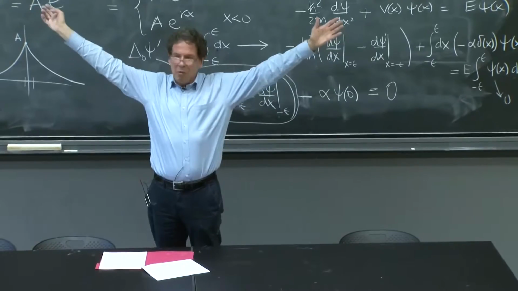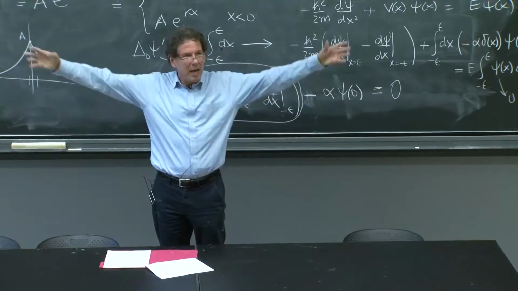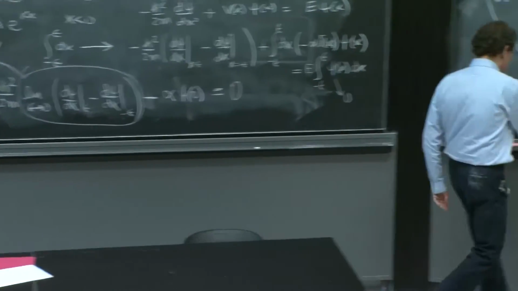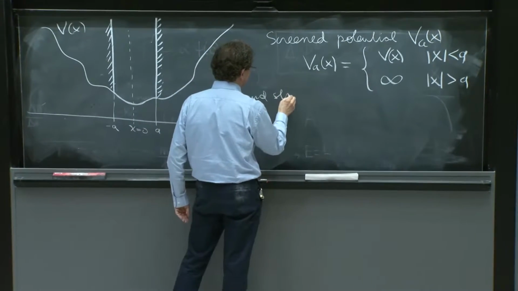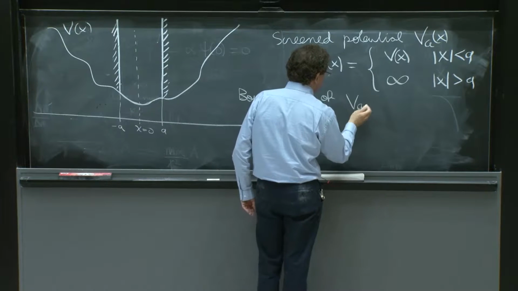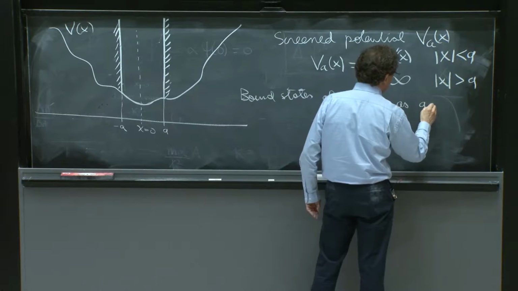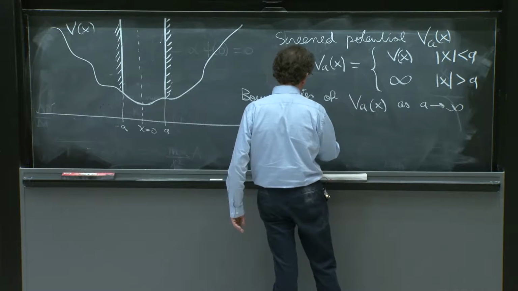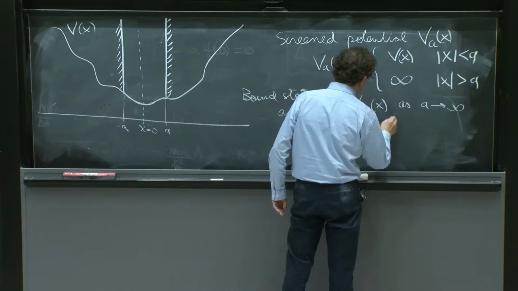And anyway, you can move it even further away. If you move it 1 light year away or 2 light years away, it shouldn't matter. So the idea is that the bound states of VA of x as a goes to infinity are the bound states of V of x.